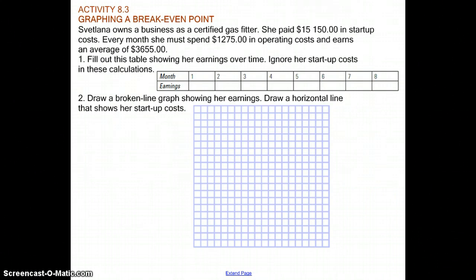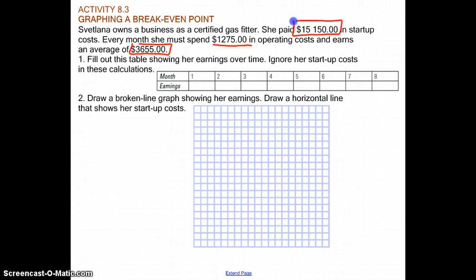Then we have activity 8.3, which is graphing a break-even point. So we have Svetlana, who paid $15,150 in startup costs. It costs her $1,275 to operate every month, but she earns $3,655 every month.